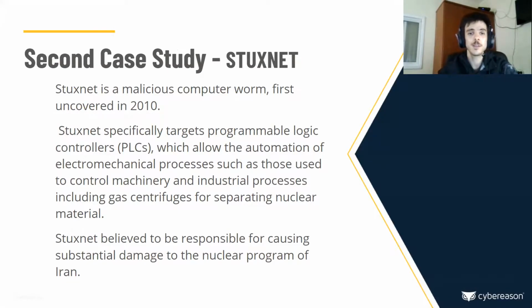Now, Stuxnet is a malicious computer worm that was discovered in 2010. It's very famous, and it targets the programmable logic controllers, or PLCs, which basically control the centrifuges in the Natanz enrichment facility in Iran.